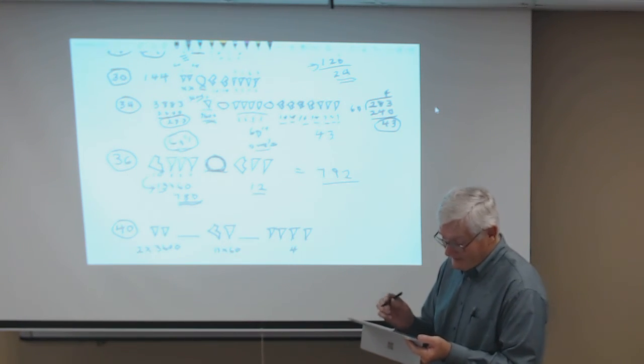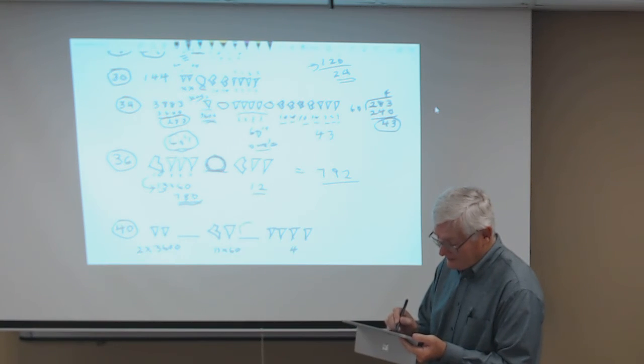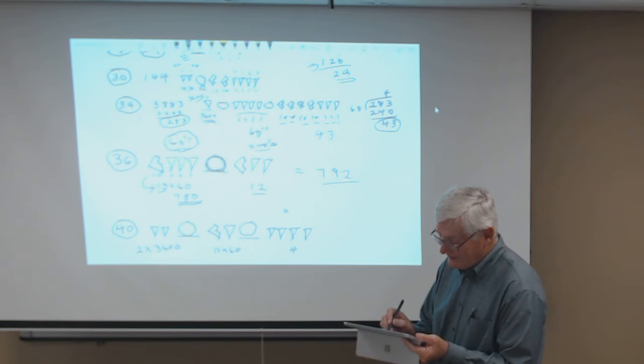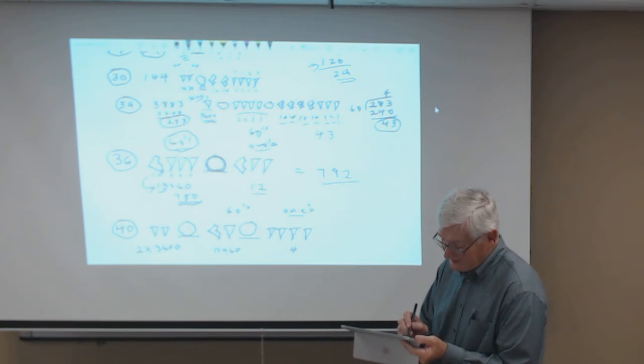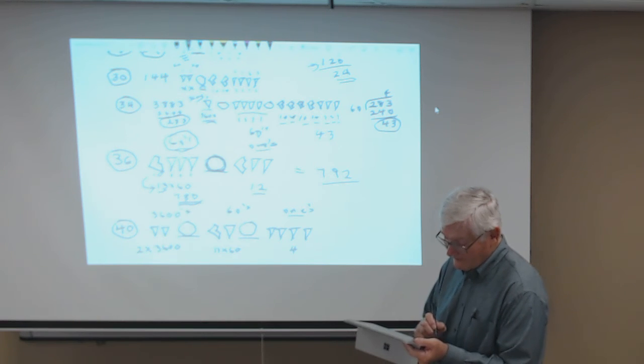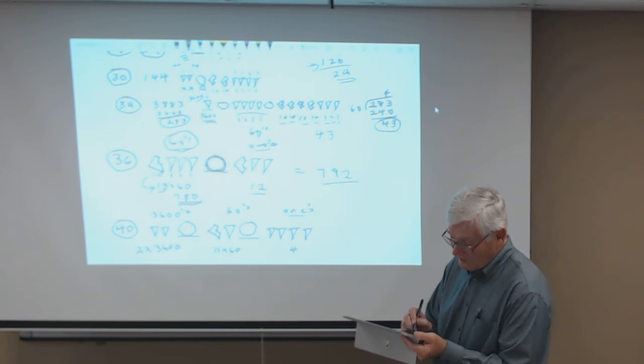Number 40. Now, see, 40 has empty space here, empty space here. So this is the ones place. If you're using your old stuff about ones, this is the 60s place. And this is the 3600s place. And I have 1, 1, so I have 2 3600s.